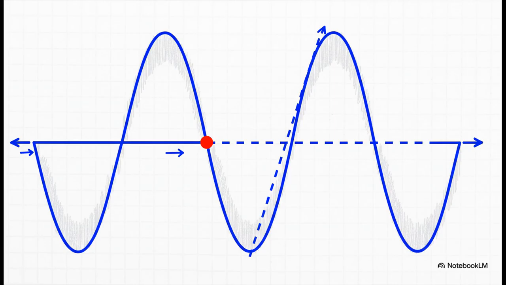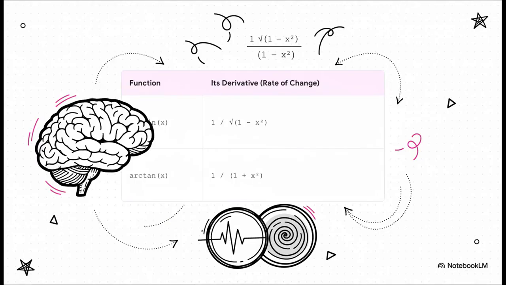For our sine waves, it's like asking, what's the steepness, the slope, at any single point? This is exactly how we can analyze dynamic systems, like blood flowing through the brain. Now, don't worry, we're not going to get into the nitty-gritty proofs here, but these are the powerful tools that calculus gives us. These formulas tell us the precise rate of change for our inverse trig functions, and these are the mathematical engines that are going to power our final step.